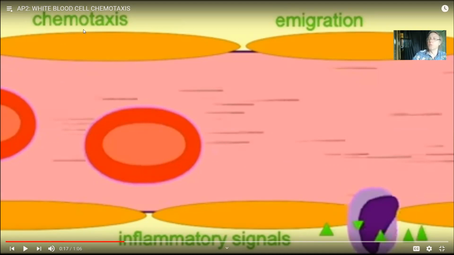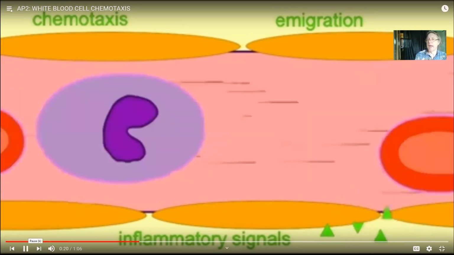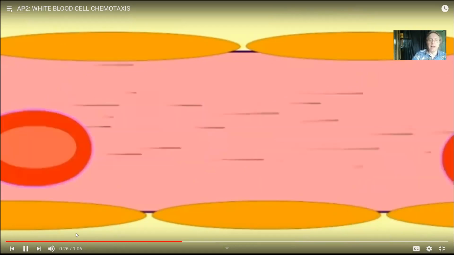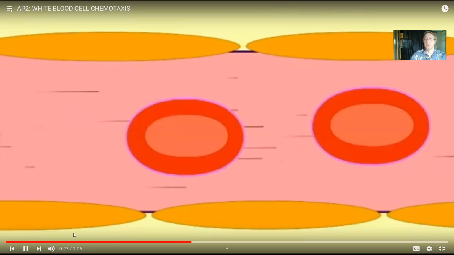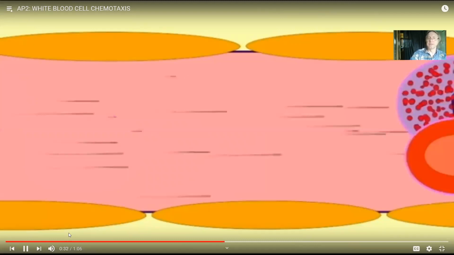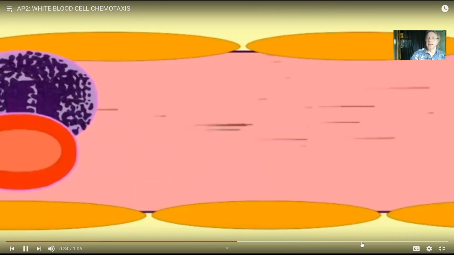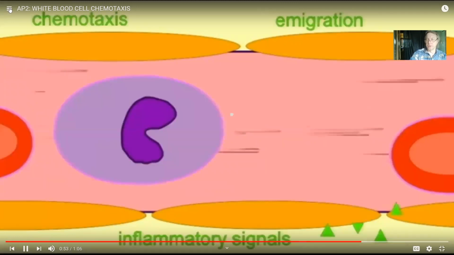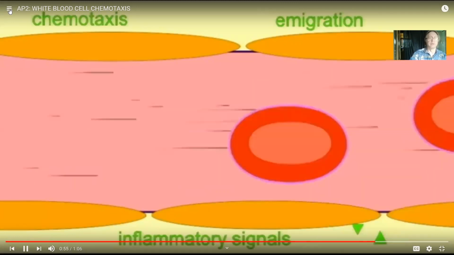They have chemotaxis, they can move towards certain chemicals, such as inflammatory signals or signs of infection, and they can also emigrate from the blood vessel towards peripheral tissues, which is why the overwhelming majority of white blood cells are simply not in blood. They have left to go to the peripheral tissues.